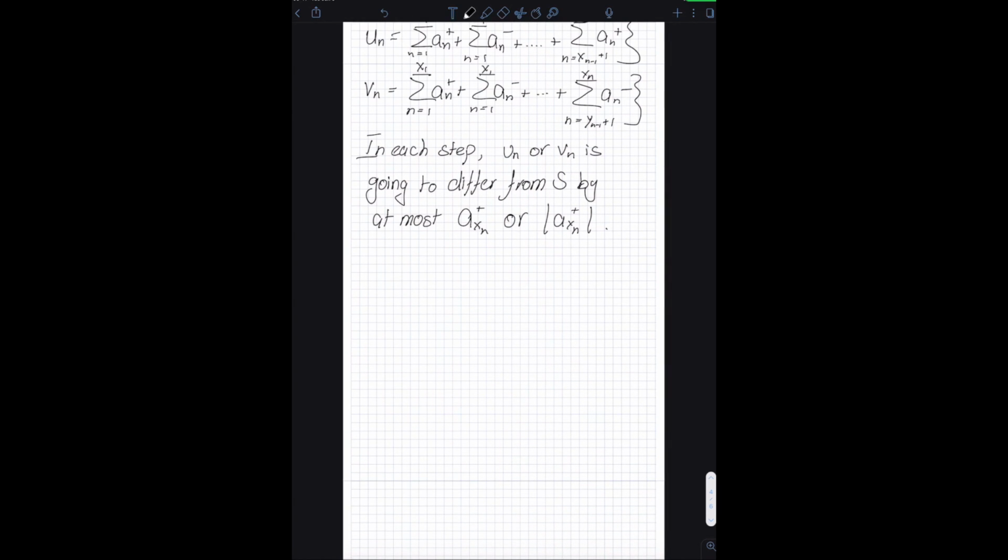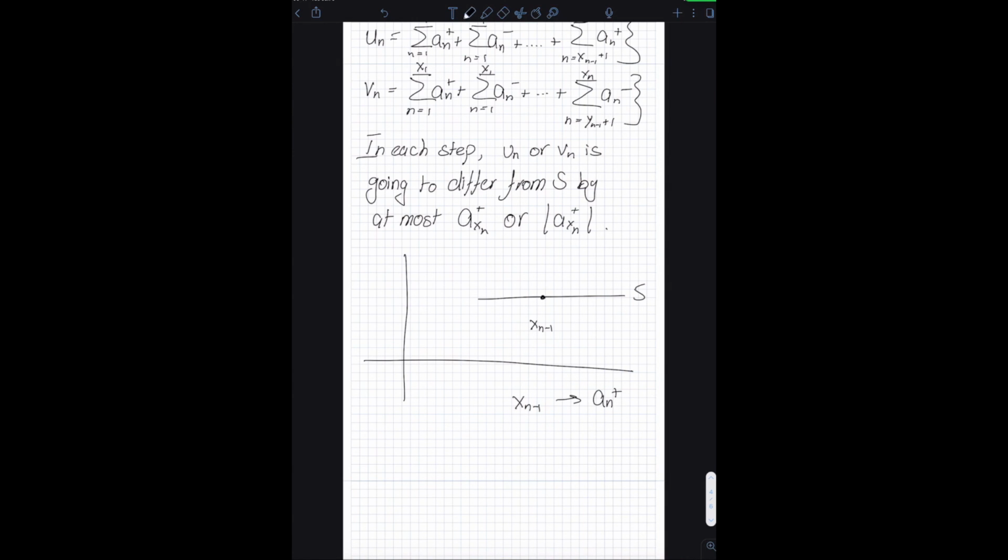Why is this true? Because if you think about what's going to happen, let's say that I have been doing this process for a very long time, and now I have just added up xn minus 1 terms. So I'm at the point where I have added x of n minus 1 terms from the positive part of the sequence, and I'm at something that is just below s. It can also be equal to s.